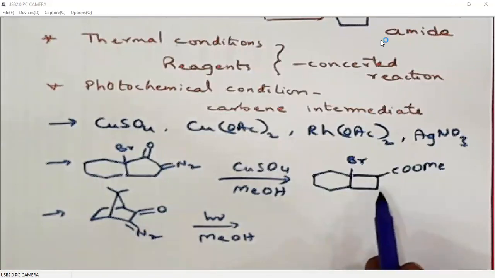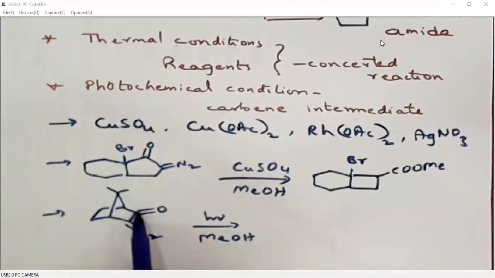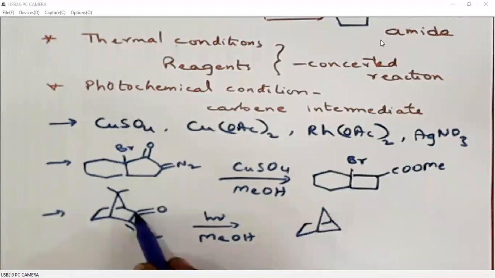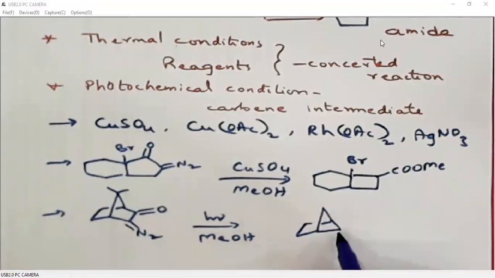But the final product is the same, right? Because it is a cyclic system, we will have ring contraction. We have 2 carbons here, so after rearrangement we will have only 1 carbon. Because it is methanol, we will have an ester.